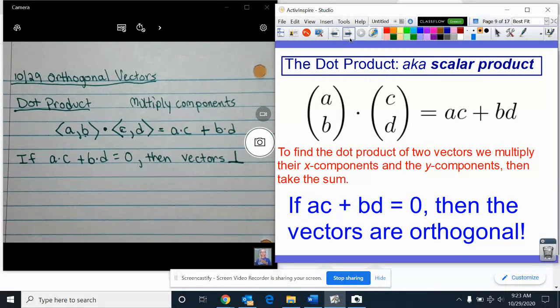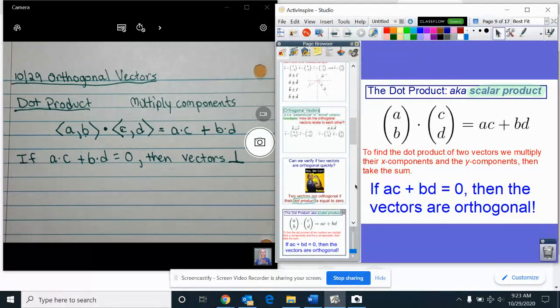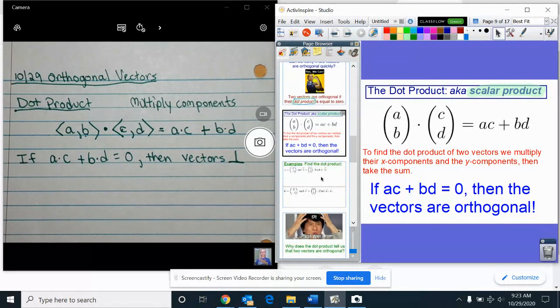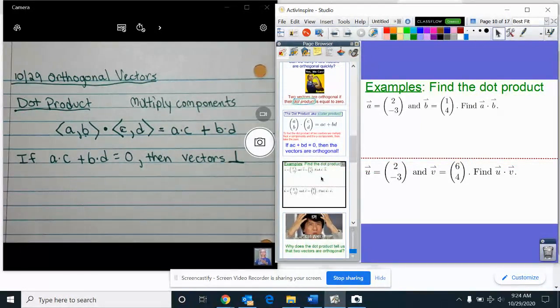Also known as orthogonal or normal. Another term for this dot product is scalar product, just something you might hear in another math class. So let's take a look at an example and find the dot product.